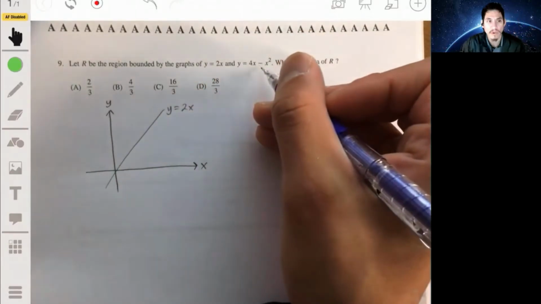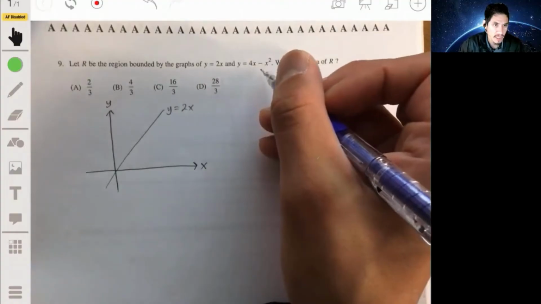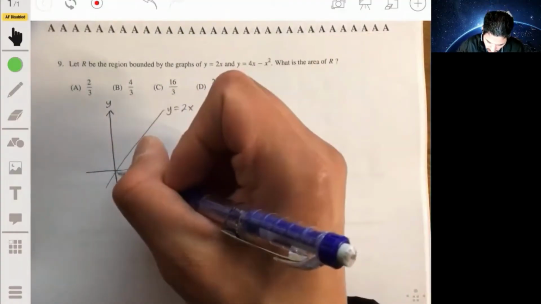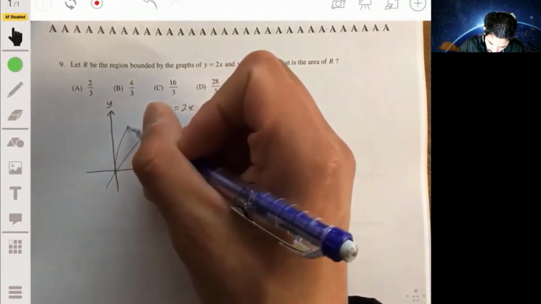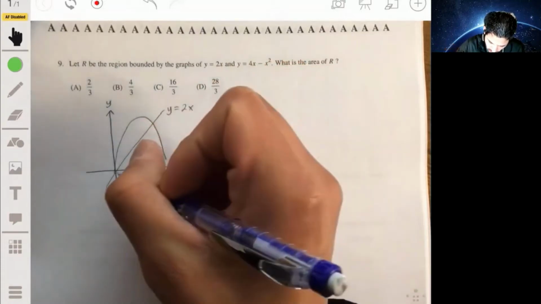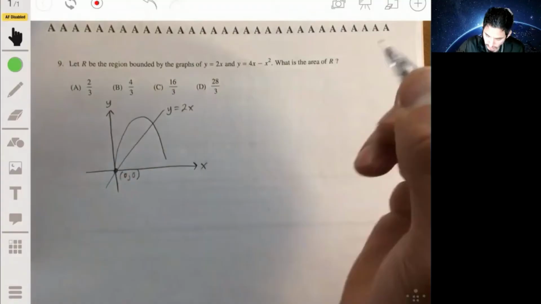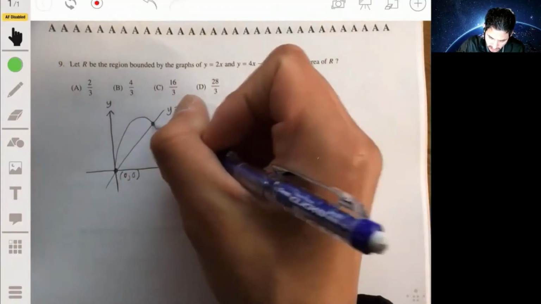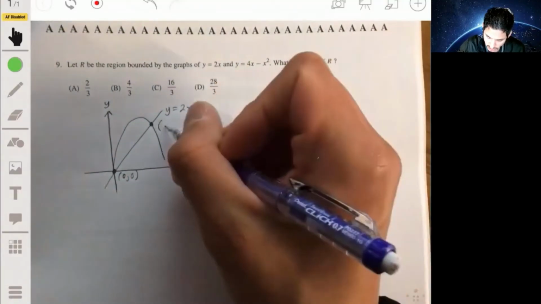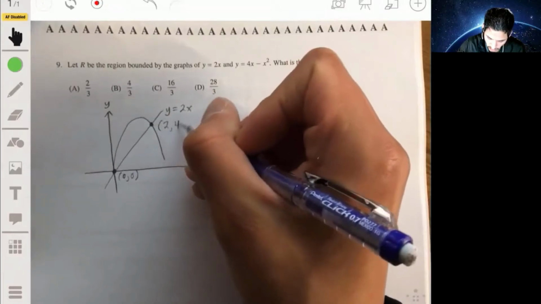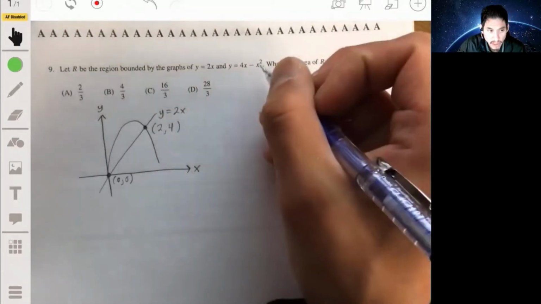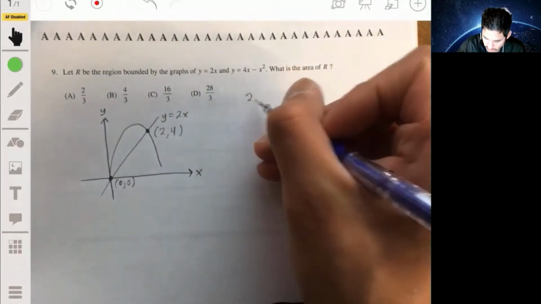And the quadratic will be a parabola, facing downward. It's going to go through 0, 0, and it's going to intersect here at 2, 4.